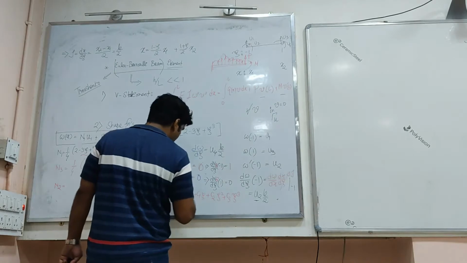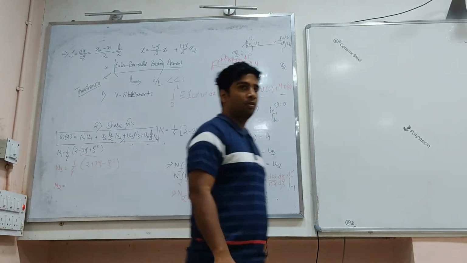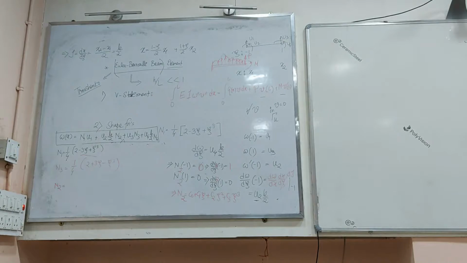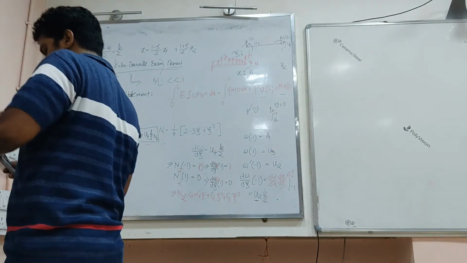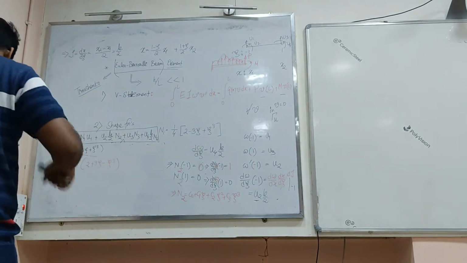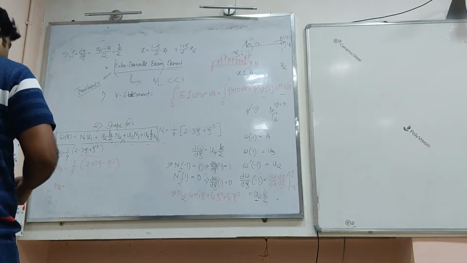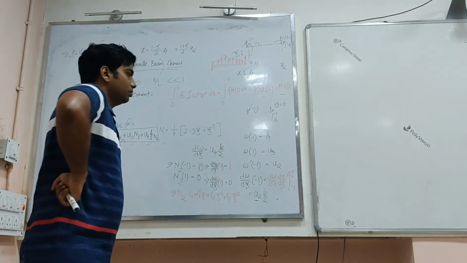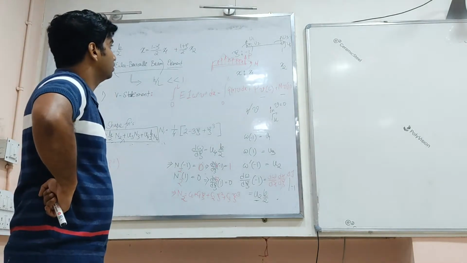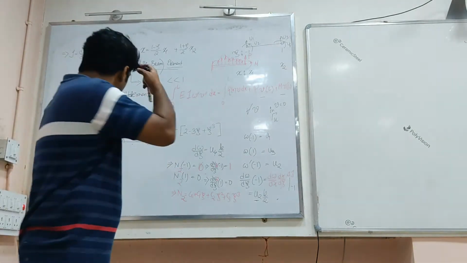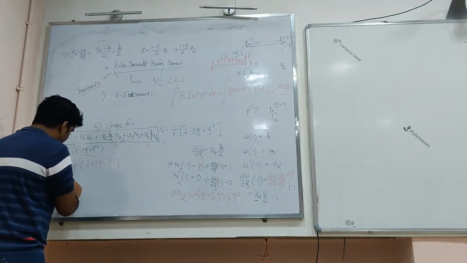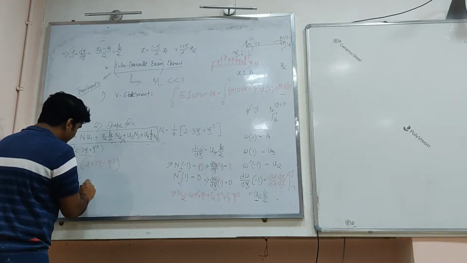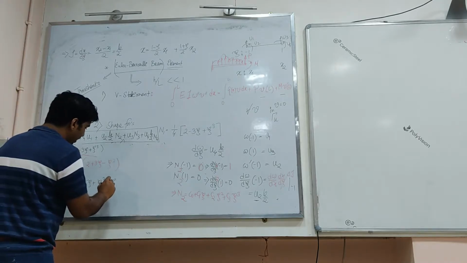Consider again n2 to be composed of 4 coefficients. N2 turns out to be something like 1 by 4, 1 minus xi plus xi squared minus xi cubed.